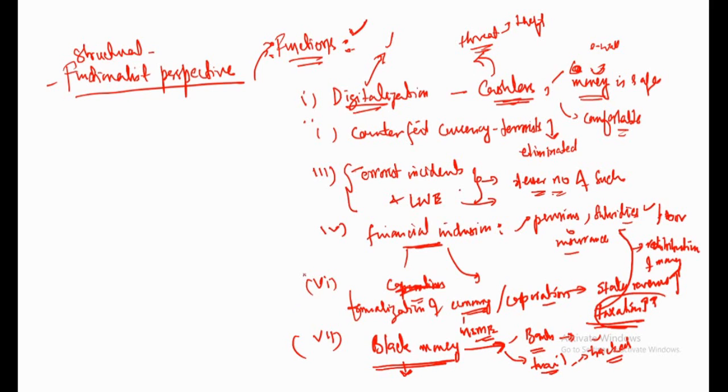Similarly, you can talk about the negatives of demonetization, like the people who suffered because they could not get cash on time, or the real estate sector that suffered, the informal sector that suffered.